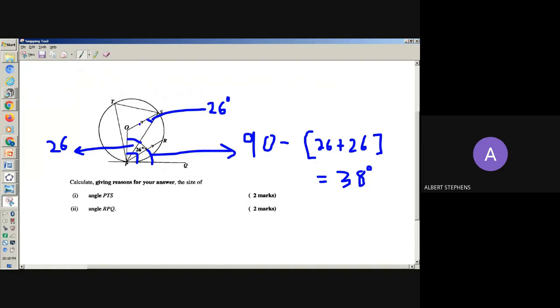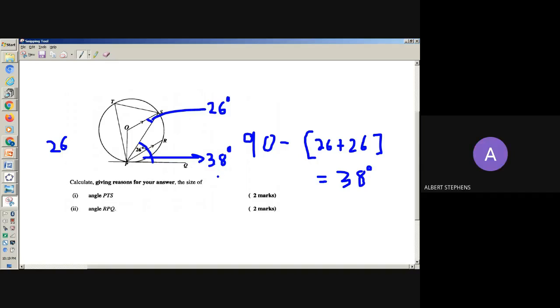We can also work out, class, let me ask a question. What is all of this angle here? Would it be 26 plus 38? Let me show it. Let me erase. I'm talking about all of this. This is 26, and that is 38, not true? What is 26 plus 38? 64.